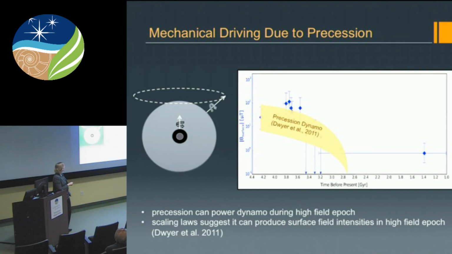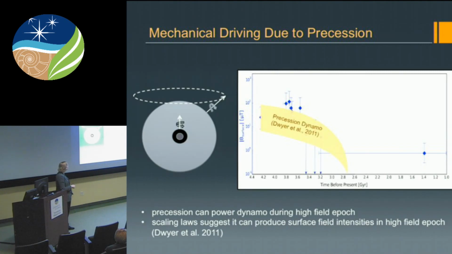Now, their work essentially involved looking at how much power was available from this mechanism, and then plugging those into scaling laws that were developed from convection-driven dynamos, and seeing whether or not they could get the right field intensities. So they didn't try to solve for what the fluid motions would have been in the core from this mechanical driving, from these precessionally driven flows.